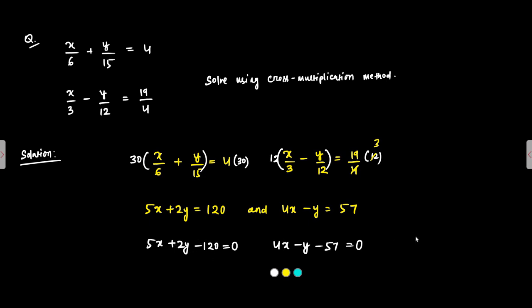So a1 is equal to 5, b1 is equal to 2, c1 is equal to minus 120. Similarly, a2 is equal to 4, b2 is equal to minus 1, c2 is equal to minus 57.